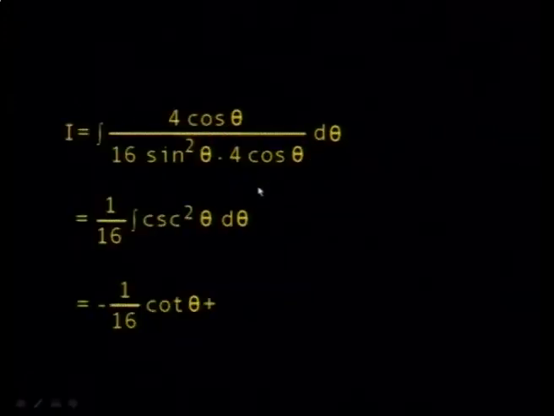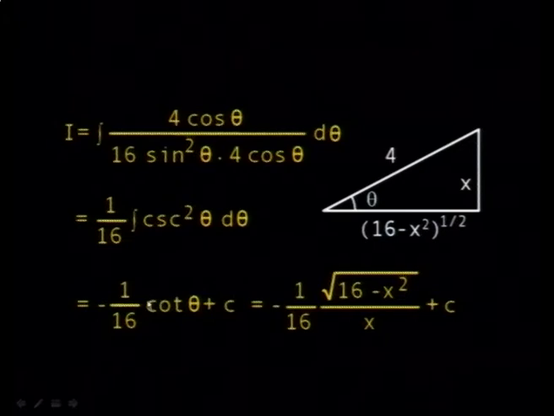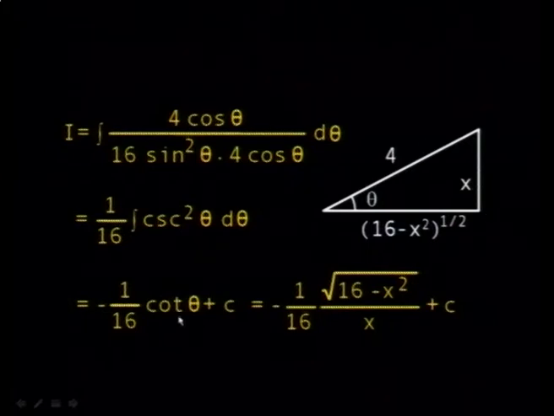And you get an expression of this sort. Now cosine theta cancels out, and you get 1 over sine squared, which is cosec squared, and you know that the integral of cosecant squared is minus cotan. Once you get the final answer, you have to go back to your triangle. Your triangle tells you that the result is cotan. Where is the cotan? It's this expression, this square root divided by x, and this is your result.